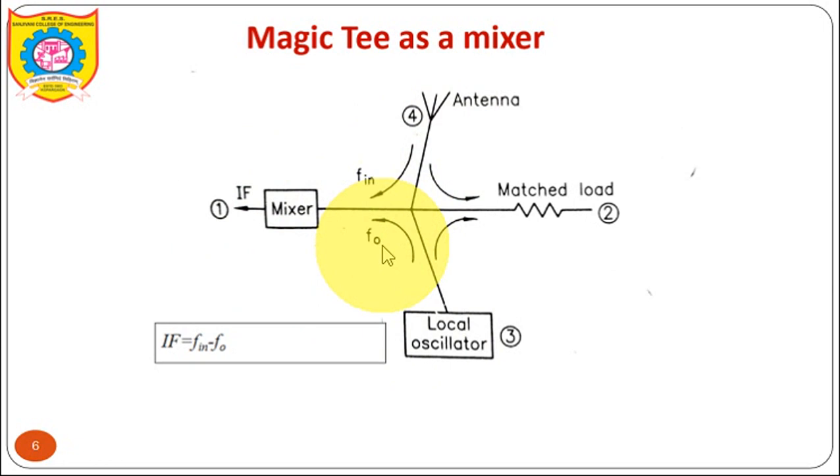The difference component arises because port 4 is the E arm, and that's why we get the out-of-phase component and the subtraction F in minus F0 is available. The result is that we generate the intermediate frequency, which is the output of the mixer. So this is the application of the magic T as a mixer.